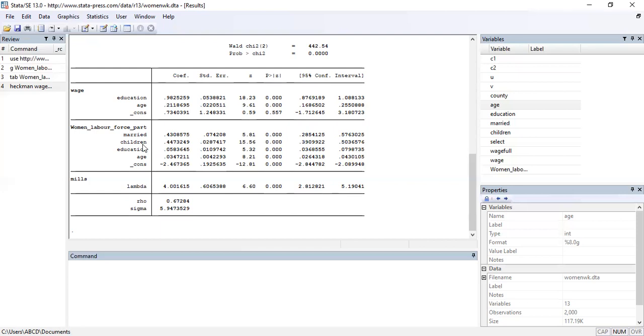The children variable: if the number of children increases in the family, the probability of women's participation in the labor market increases by 44%, and it is highly significant, and the z-score value is also very strong.